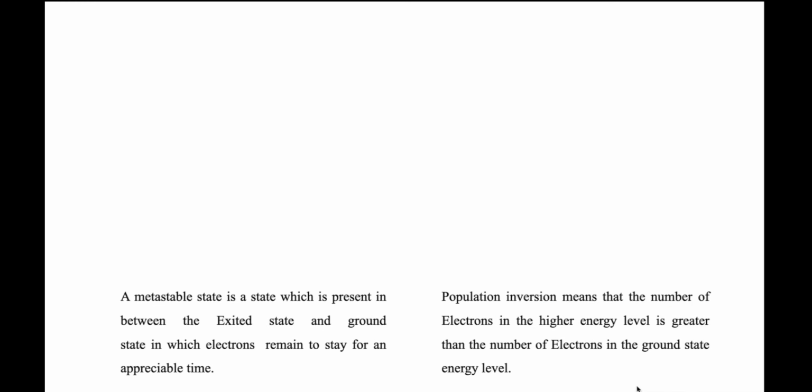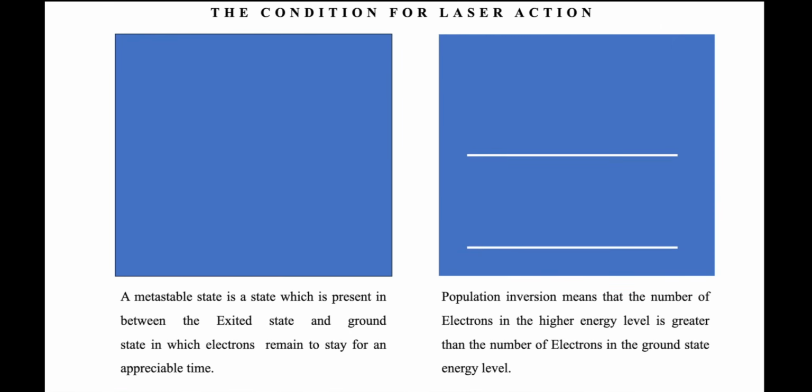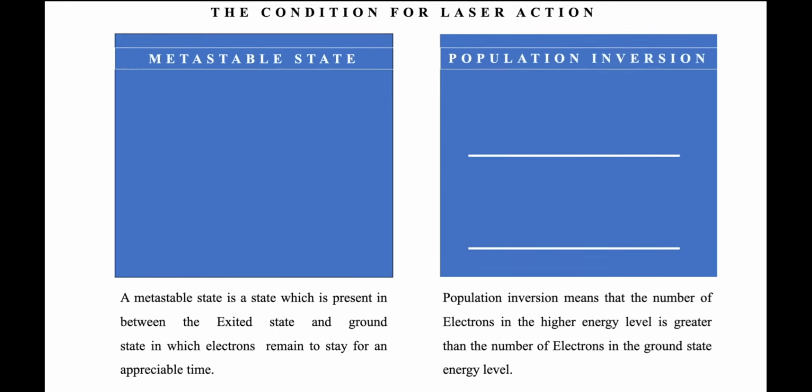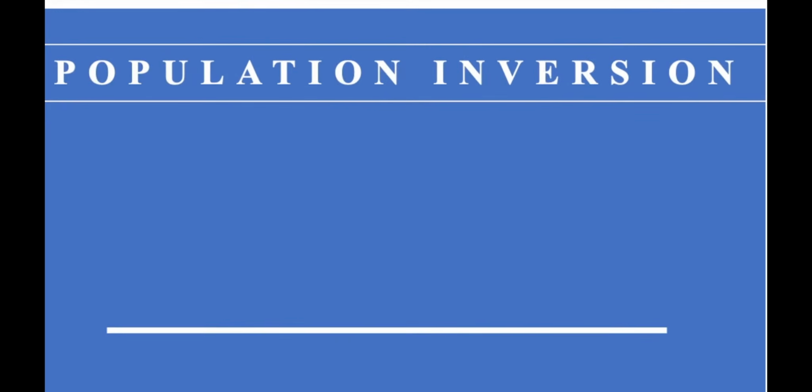Once you understand what happens when radiation interacts with matter, let us understand the minimum conditions required to get laser light. Here, we need to maintain two important conditions. One is the metastable state, and the other is population inversion.